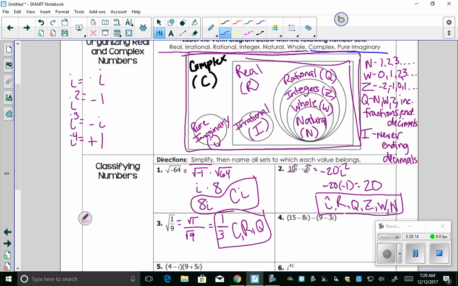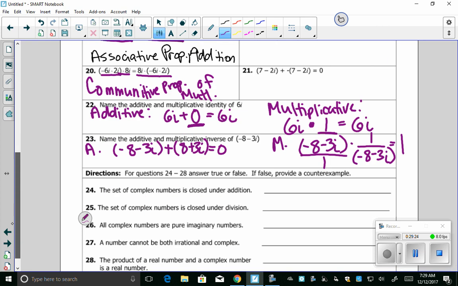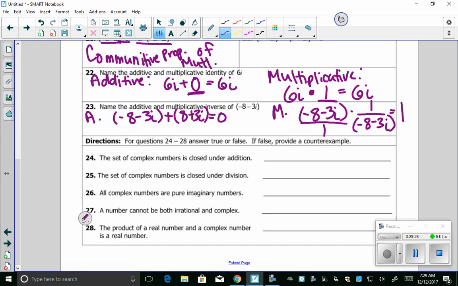So if I have a complex number and I add it with a complex number, do I still get a complex number? So, for example, a complex number is 3 plus 2i plus 4 plus i.